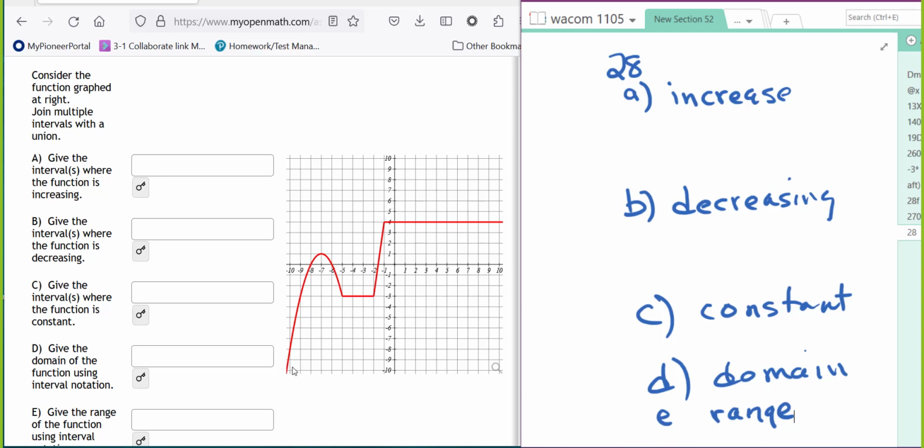All right, and it's going to have more than one section. So increasing, you have a few sections, so be careful. So here is increasing, then we're decreasing, then we're constant, then we're increasing, then we're constant. So I had two increasing from negative infinity to negative 7. Remember parentheses on increasing, decreasing, right? Decreasing here, constant, increasing in this part. So from negative 2 to negative 1.